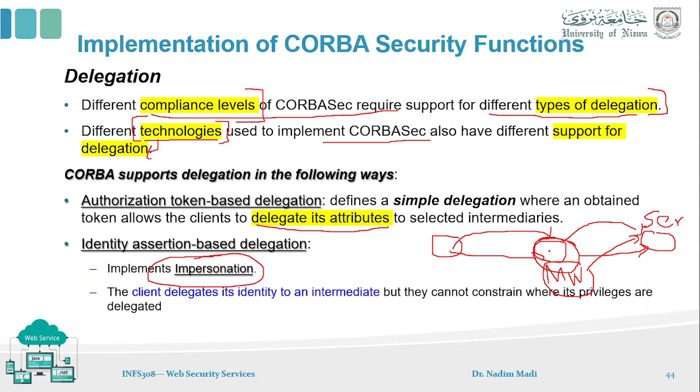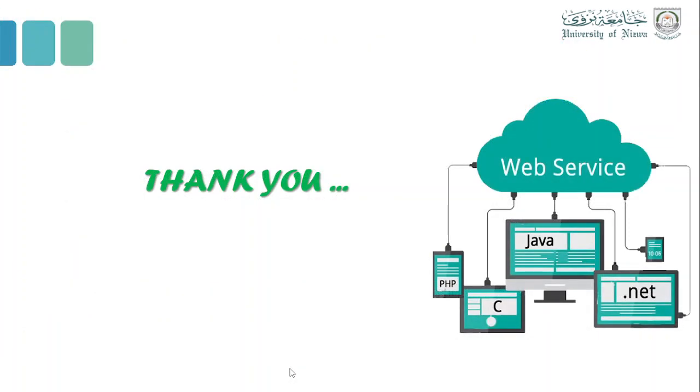In other words, the middleware impersonates the client whenever talking to the server. This is why, in order to implement this level of delegation, there should be very high trust between the client and the middleware. If there is no trust, of course, this will be very dangerous and may cause security breaches. Okay, so this is all in this chapter.